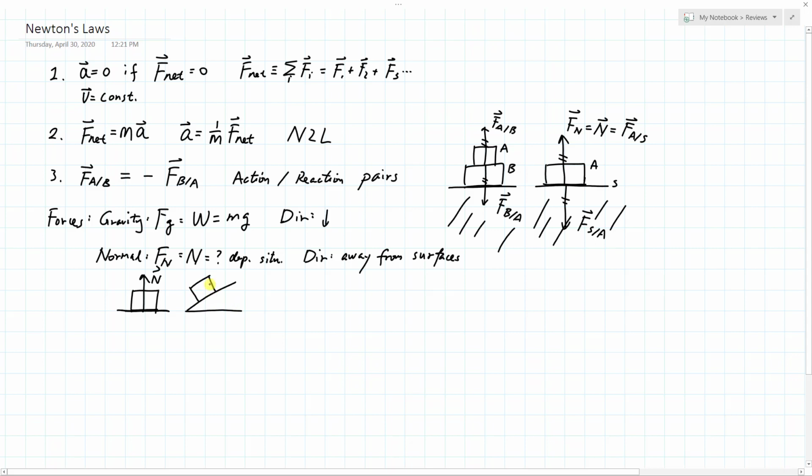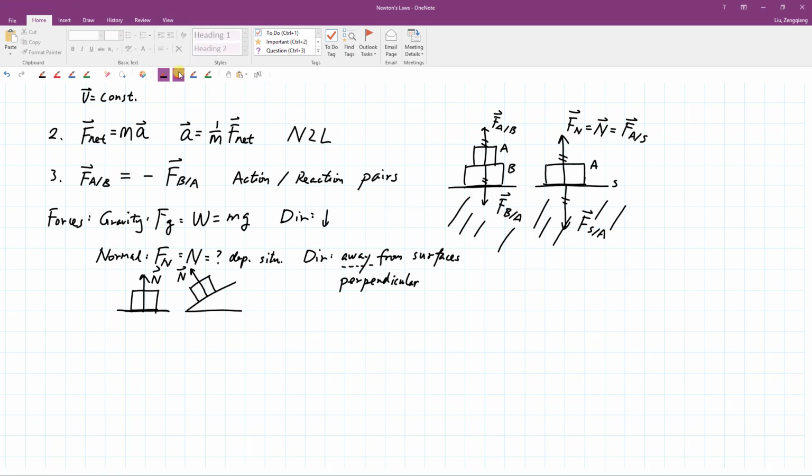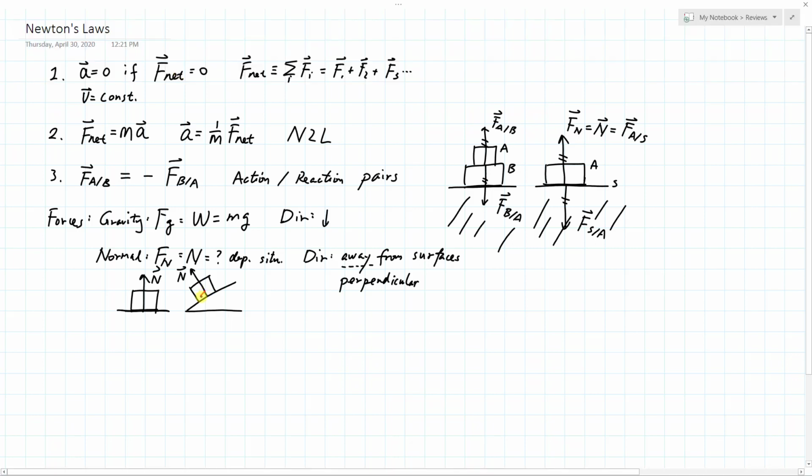Away from the surface is not vertical anymore. Away from the surface is this, so this away is actually perpendicular. So we can put a right angle here.